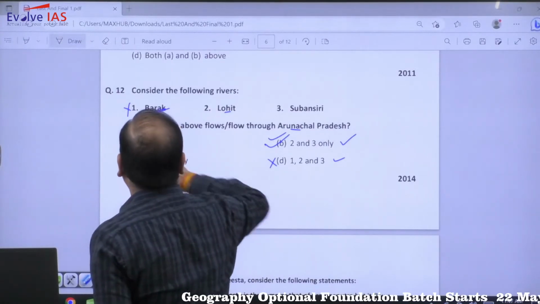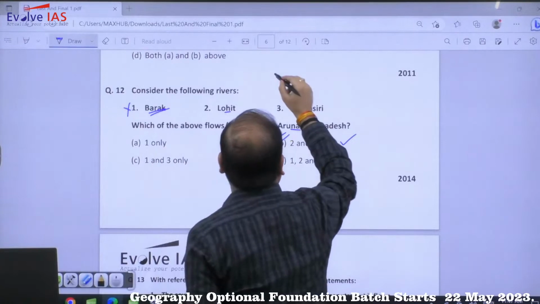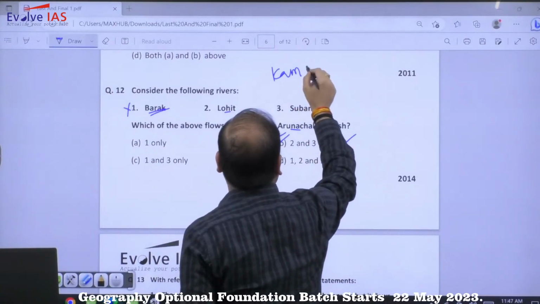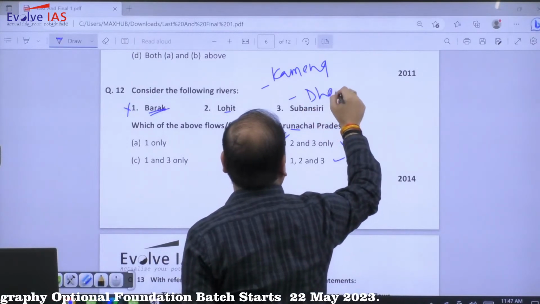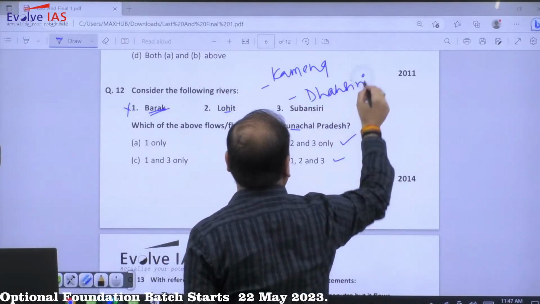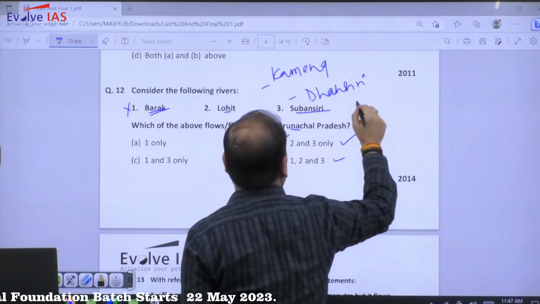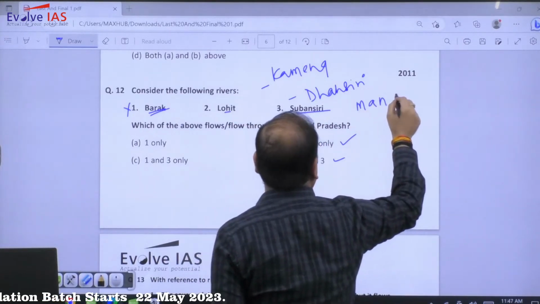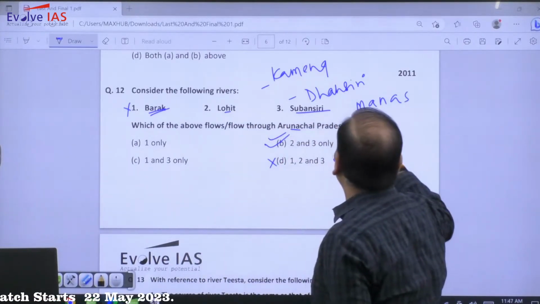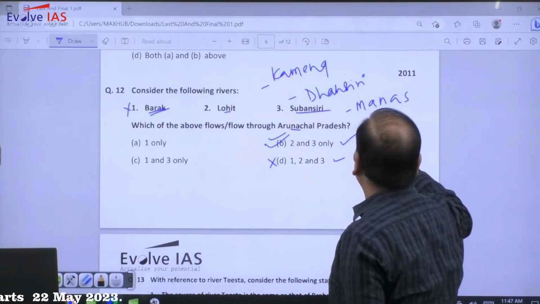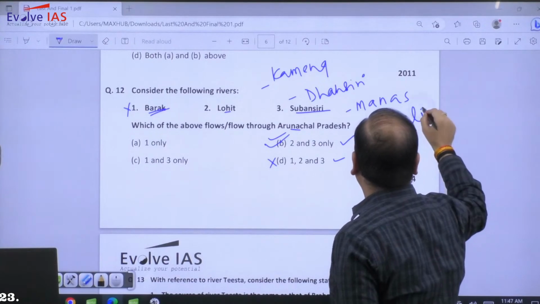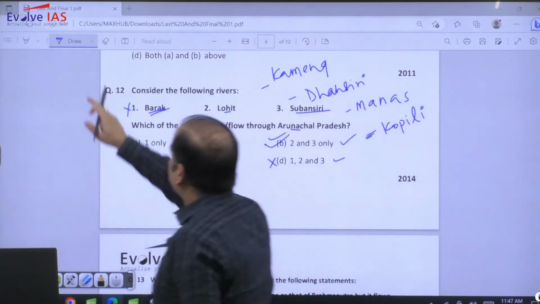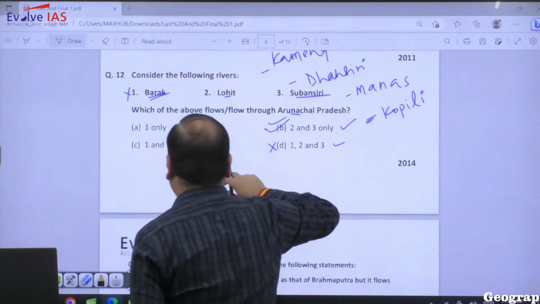All these rivers, Kameng, Dhansiri, Subansiri, Manas, and Kopili, are tributaries of the Brahmaputra river.